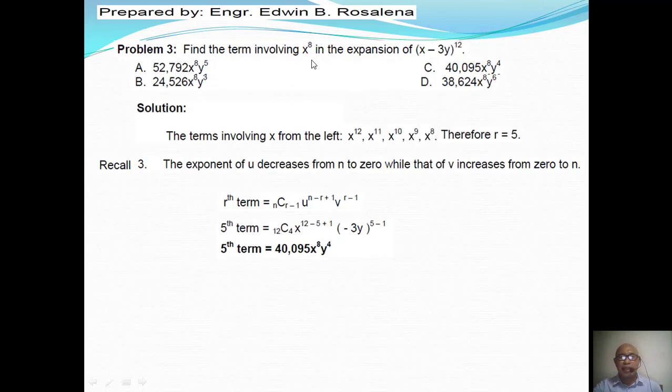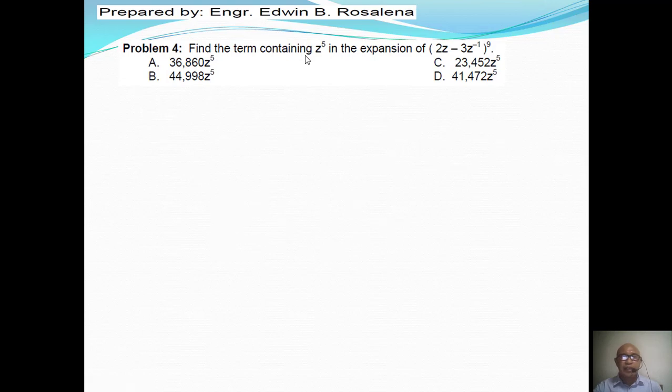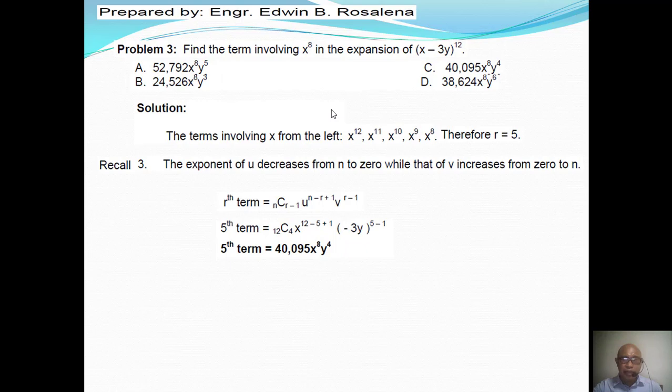Balikan nga natin yung number 3. Find the term involving x to the 8. Ito, find the term containing z to the power 5. Ganun lang, no? Pero kung balikan natin ang problem 3, ito yung paraan natin para makuha natin yung r.